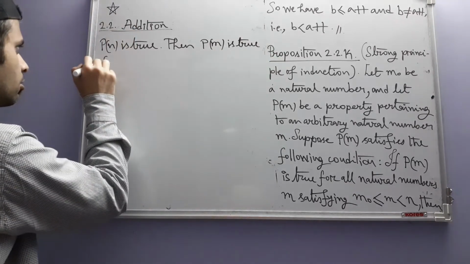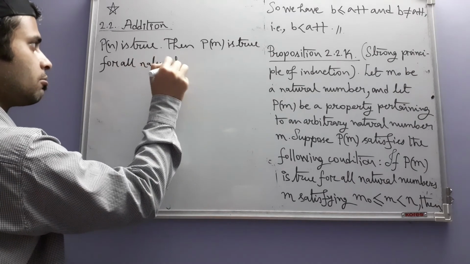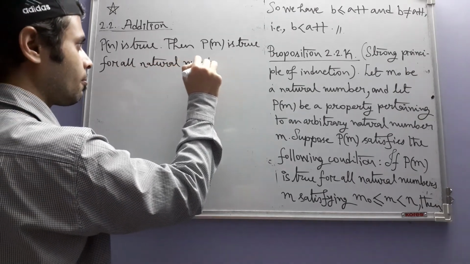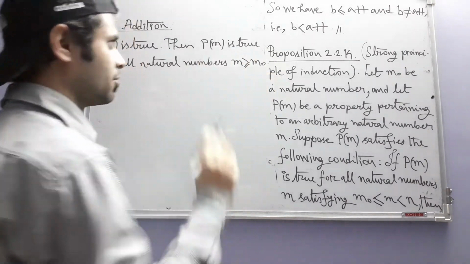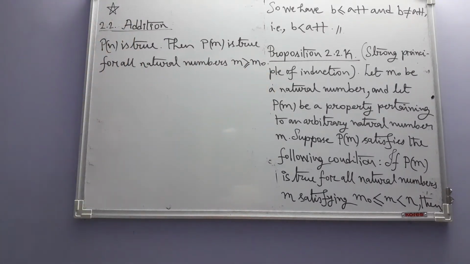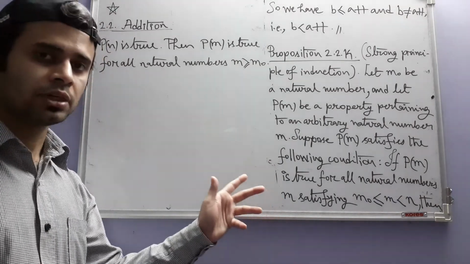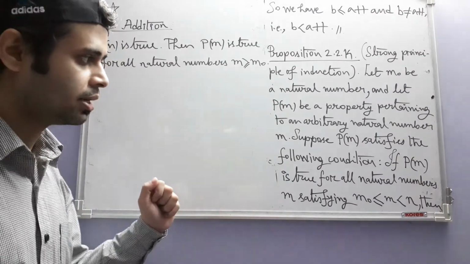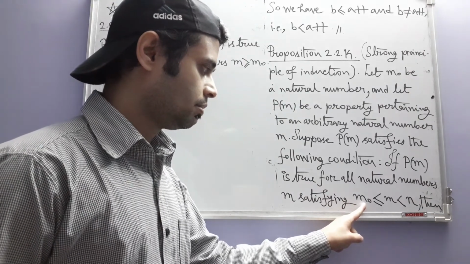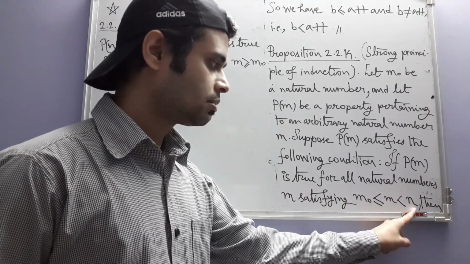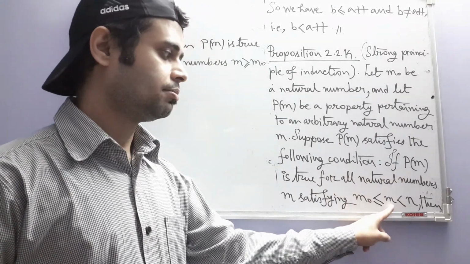P(m) is true for all natural numbers m greater than or equal to m naught. This is the conclusion. It looks somewhat like the principle of induction, the ordinary one given by Peano, but it is different in that it assumes the truth of not just P(m).